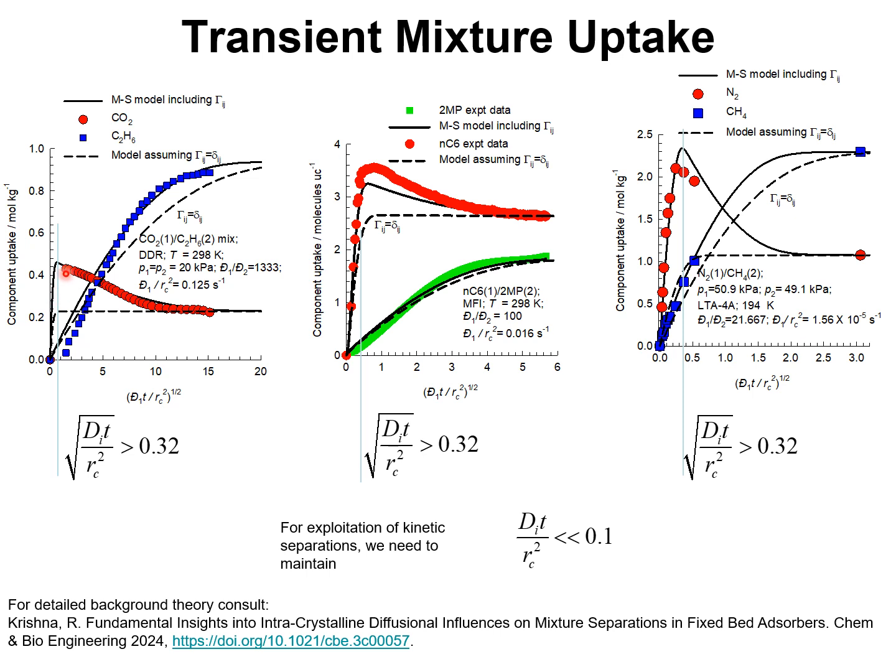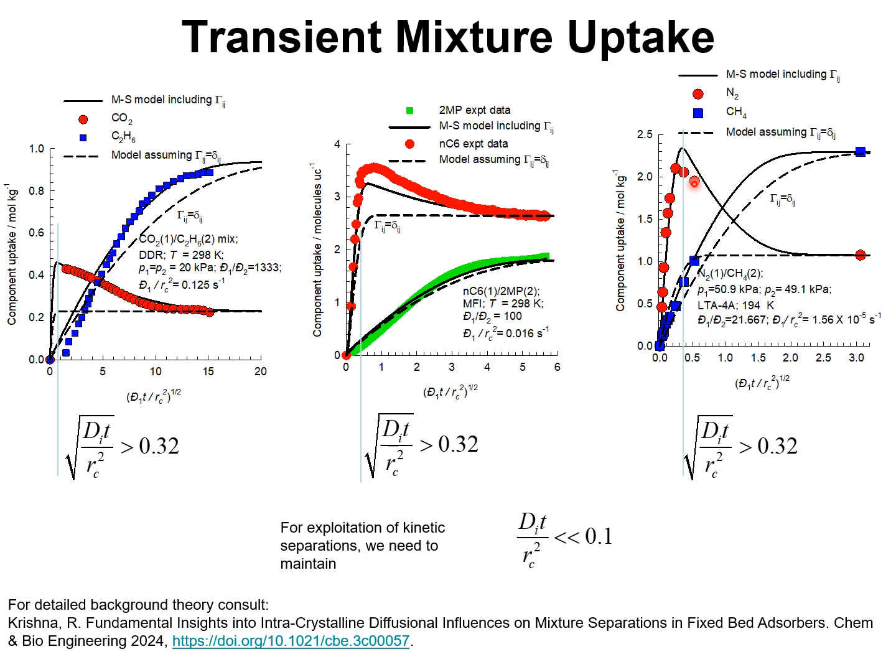This overshoot happens because CO2 is the more mobile component here. Normal hexane is the more mobile component in this example. Nitrogen is the more mobile component here. But the more mobile component here is less strongly adsorbed than ethane.